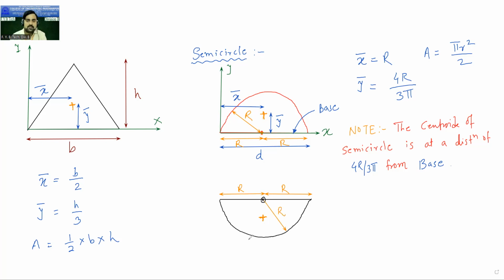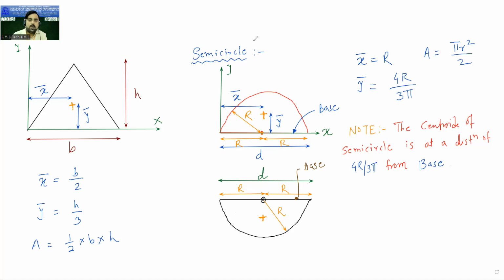If I show the diameter, this total is nothing but the diameter. You know that d is equal to 2r, or r is equal to d by 2. So this is your diameter d, and this is also called the base. This point is nothing but the base of the semicircle.